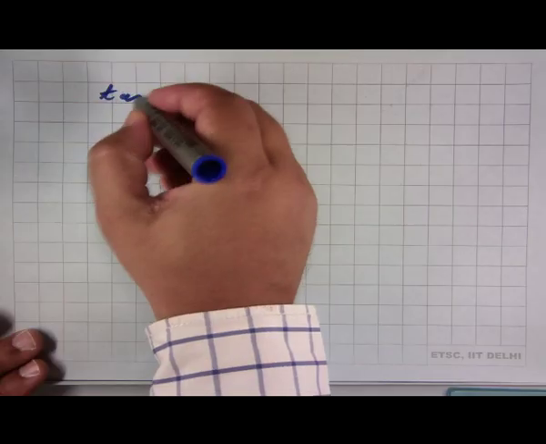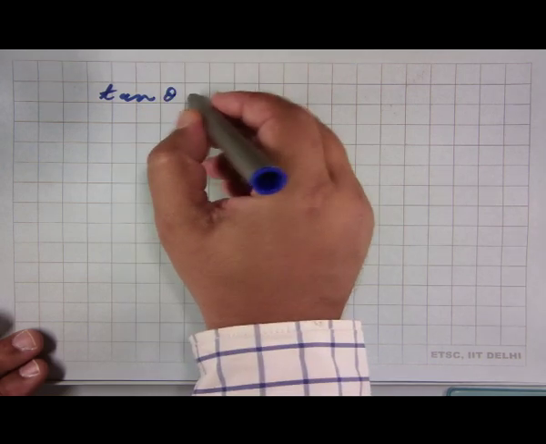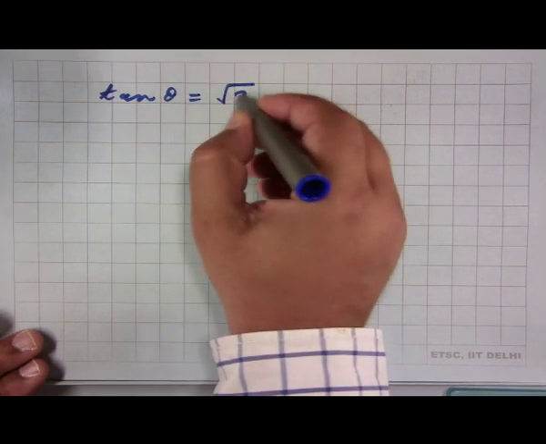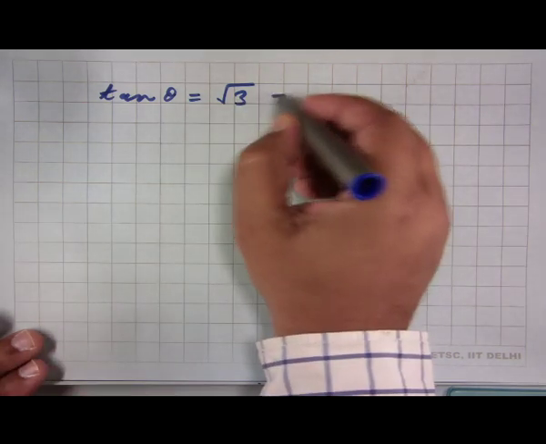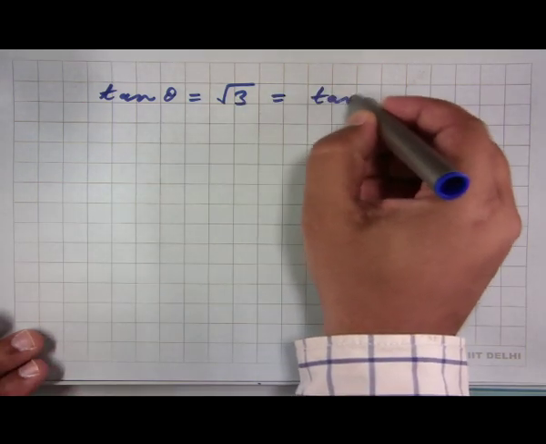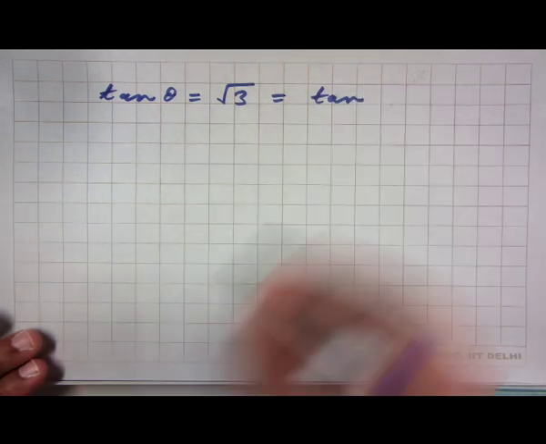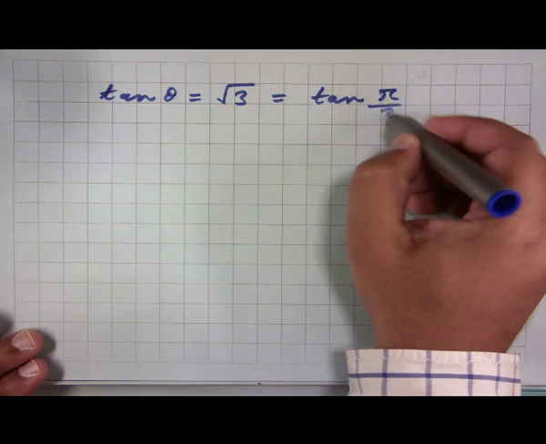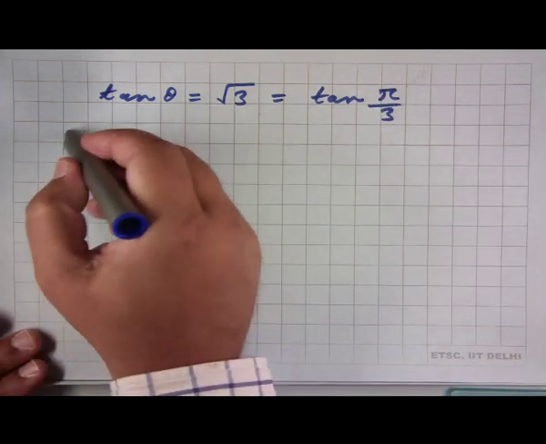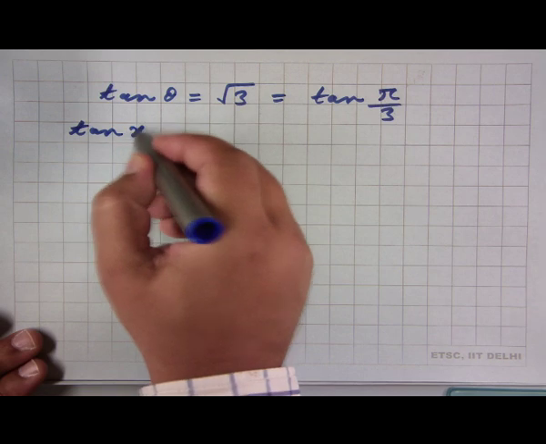Now, tan theta equal to root 3, but root 3 is equal to tan of 60 degrees, which is pi by 3, and then we have the same form, tan x equal to tan y.